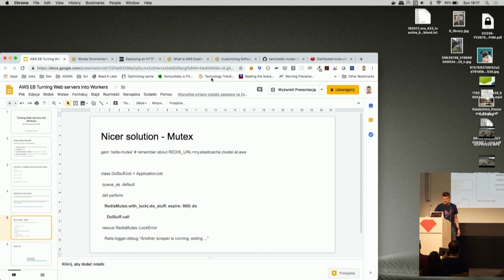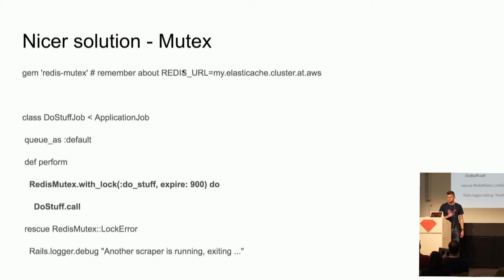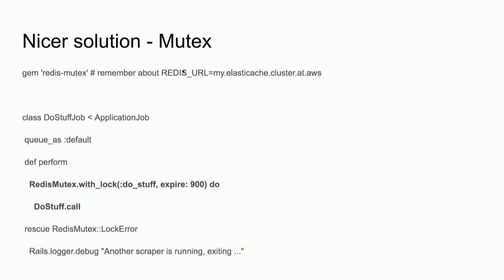So how does this thing work? This is the last slide. You just install this gem, point your Redis URL to your Elastic Cache cluster, because it's just Redis, so it will work.